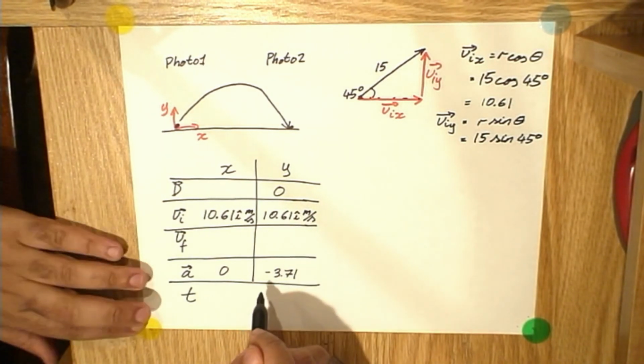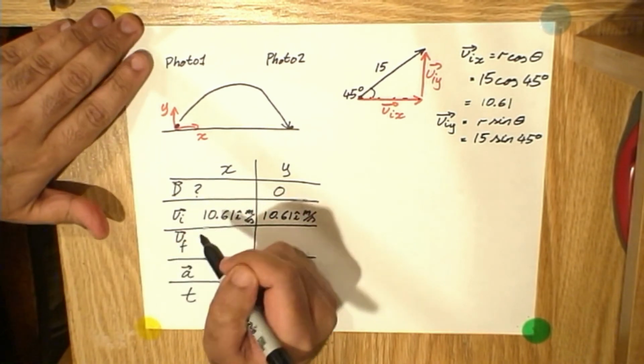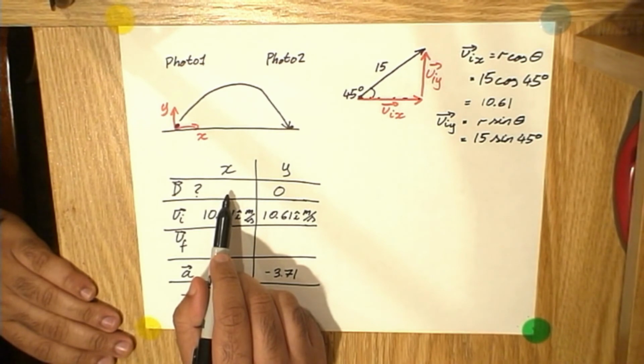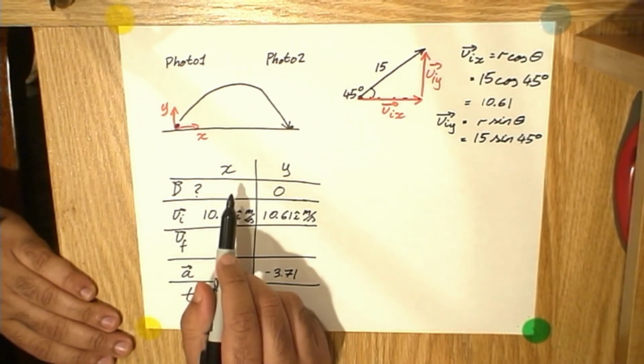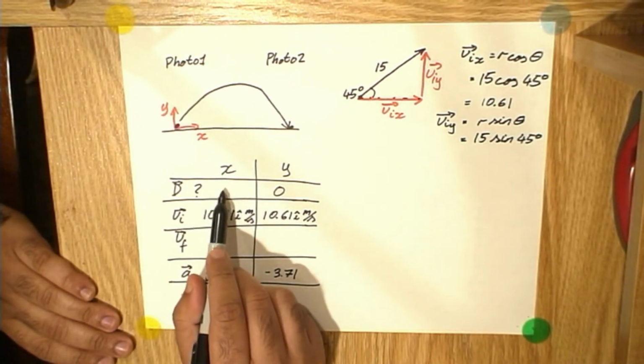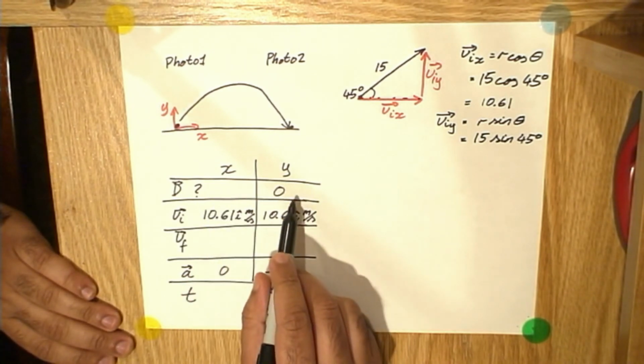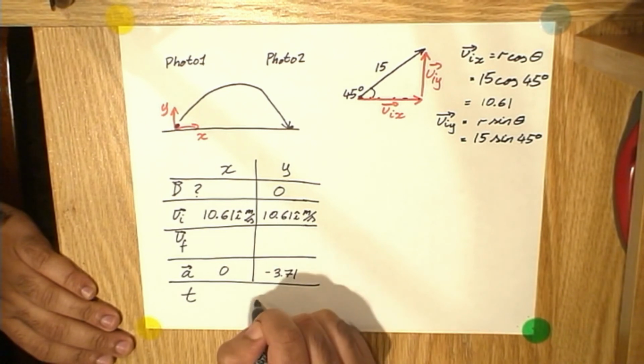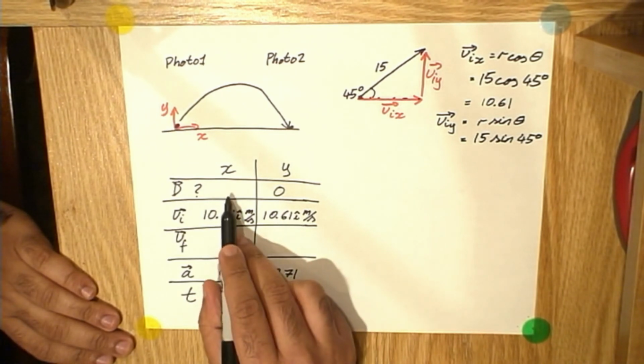Now, we're looking for the range on Mars, so that would be the displacement in x. So what we're going to do is, we're first going to solve for the time using the information in y, and then we're going to solve for the displacement in x.